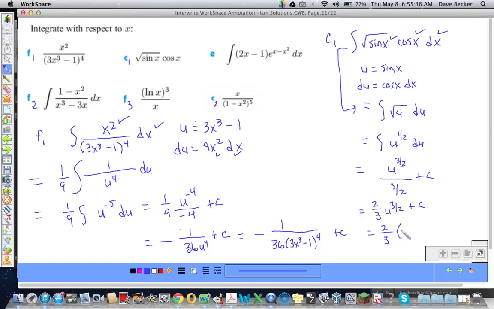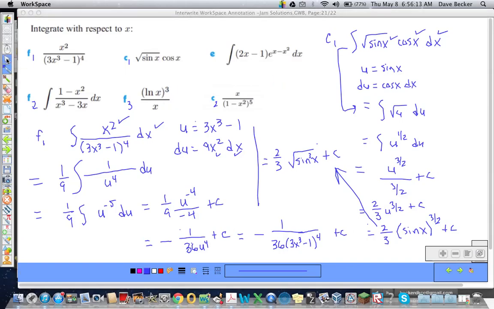Careful here, you need parentheses like this, replacing u with sine x, sine x, it's all to the 3/2. Now you could drop the parens and put the 3/2 in there if you wanted, plus c. And please understand that this is equivalent to 2/3 times the square root of sine x cubed, either here or in here. It doesn't matter. Same thing, plus c.